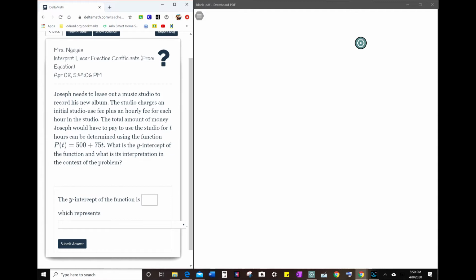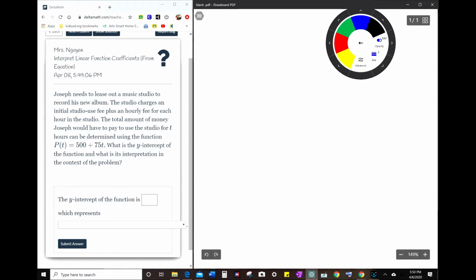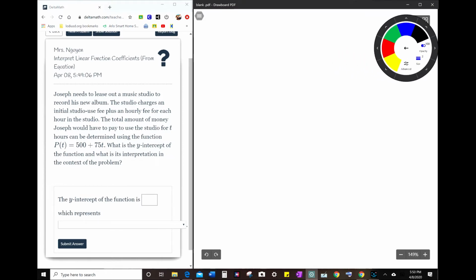So there's many ways to approach this problem. First, let's use the slope-intercept form. So we know y equals mx plus b. And then we know m is the slope and b is the y-intercept.